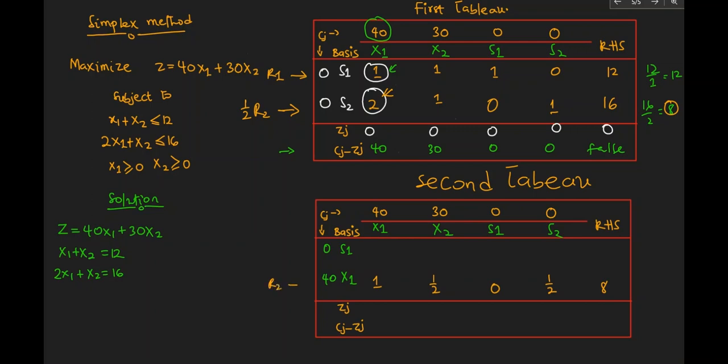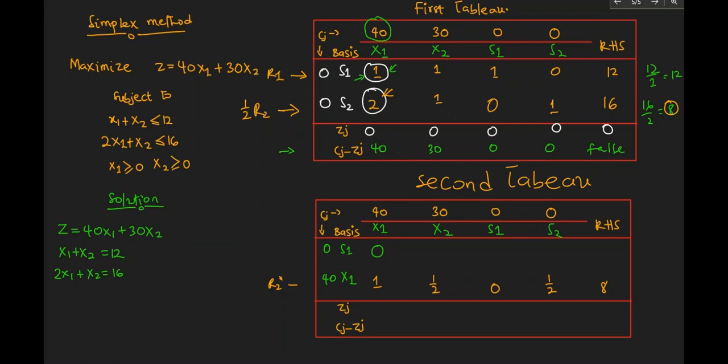So now this is our new row 2. Let me name this row 2 star. We're going to use this new row 2 to get a new row 1. So how do we do this? What we want to do is get a 0 here. You look at the old row 1 and look at the first value, which is 1. How do you make that value 0 using the new row 2?